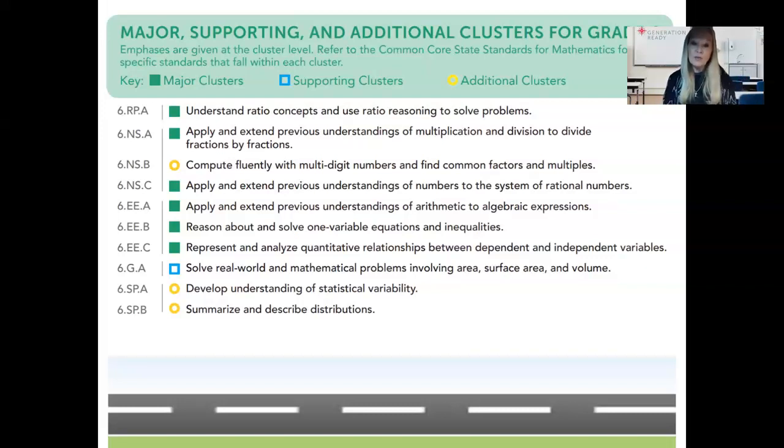We understand those ratio concepts and use ratio reasoning in order to solve problems. And we bring in that unit fraction or that unit ratio, and sometimes we have 2 units in proportions.